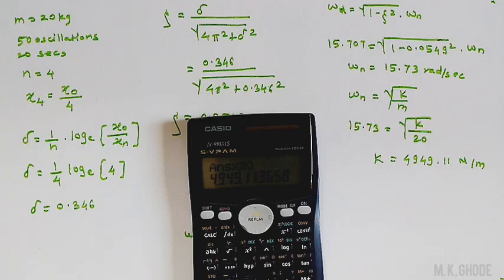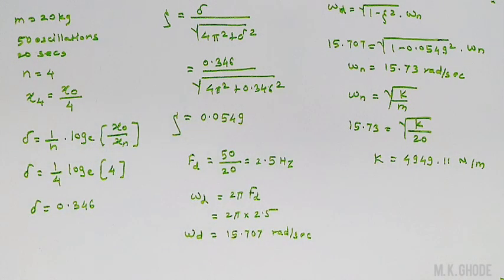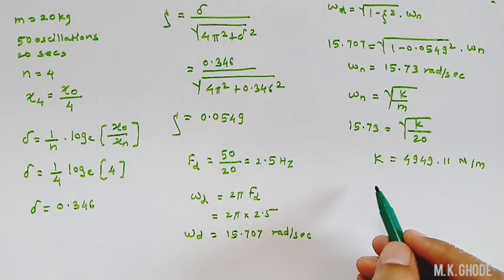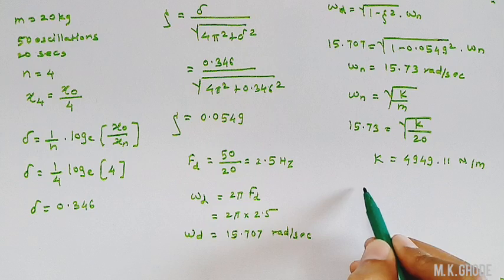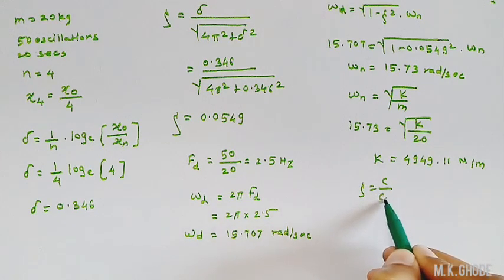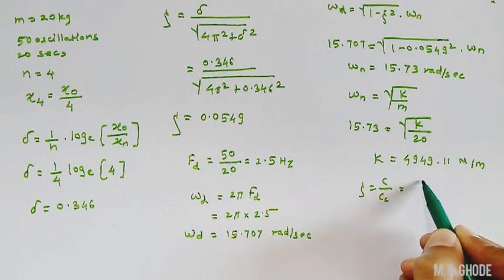And now we want to find the value of the damping coefficient, or the value of C. We know that the formula for zeta is C upon Cc, which is equal to C upon twice m into omega n.